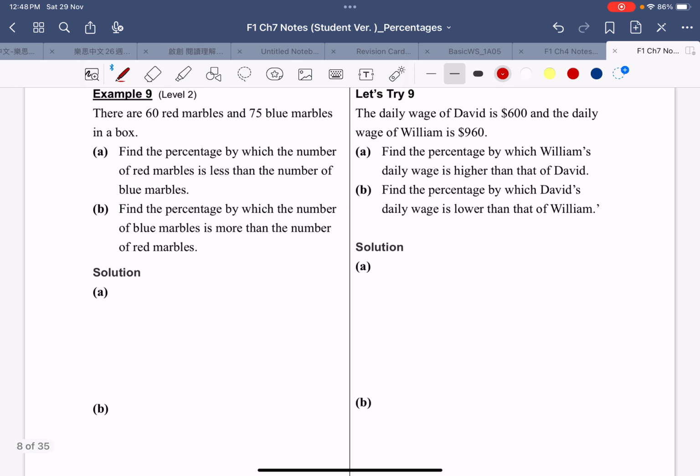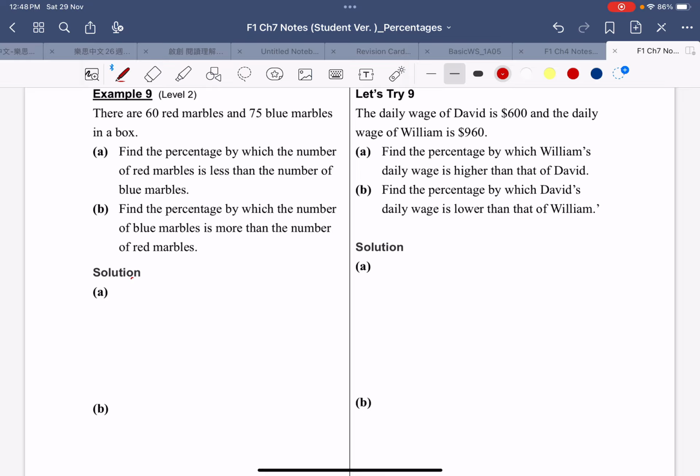Example 9. Okay, 60 red marbles, 75 blue marbles. Find the percentage by which the number of red marbles is less than the number of blue marbles. Understand the question first. Obviously we need to compare two numbers, red marbles and blue marbles.